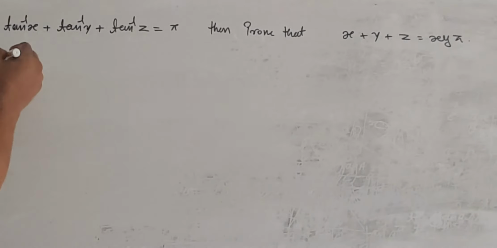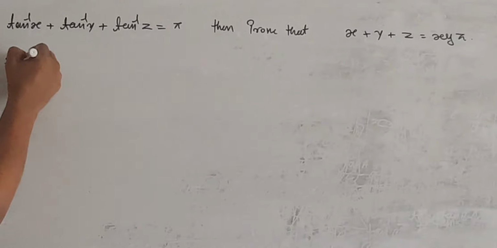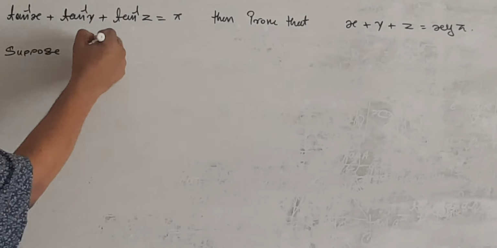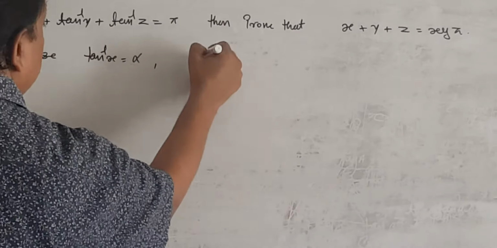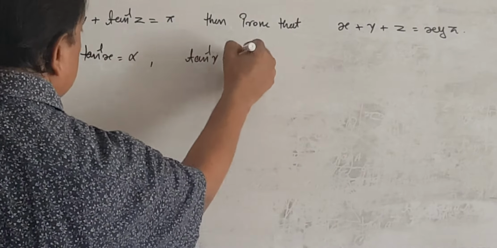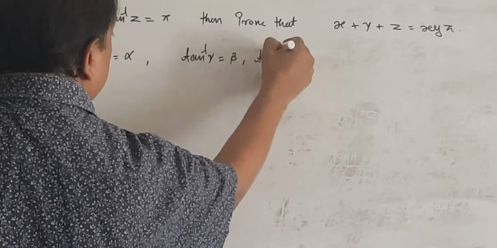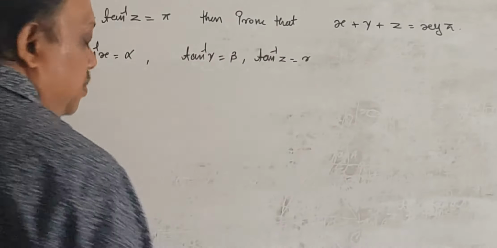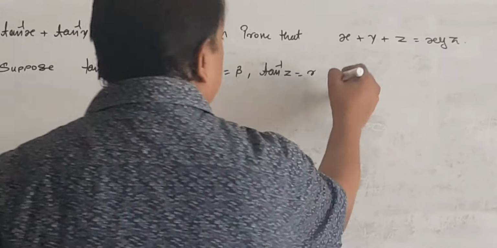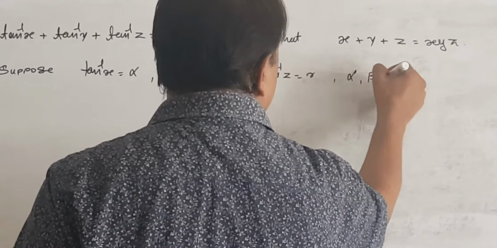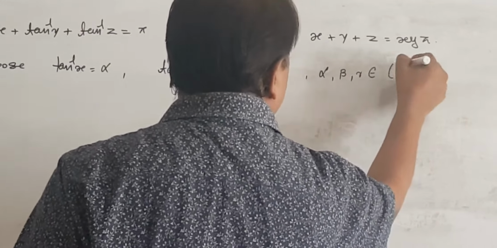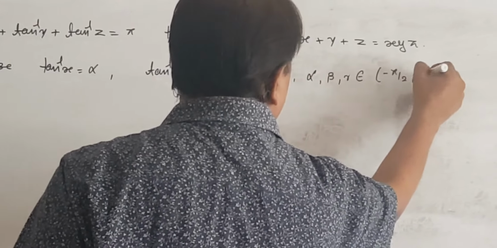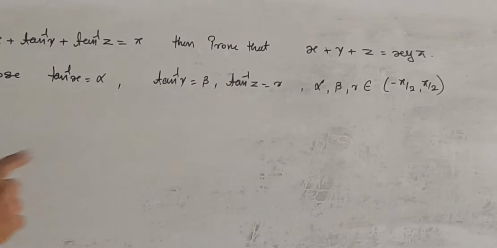We here take it, suppose tan inverse x is alpha, tan inverse y is beta, and tan inverse z is gamma, where alpha, beta, gamma belong to the open interval minus pi by 2 to pi by 2, so inverse is possible.